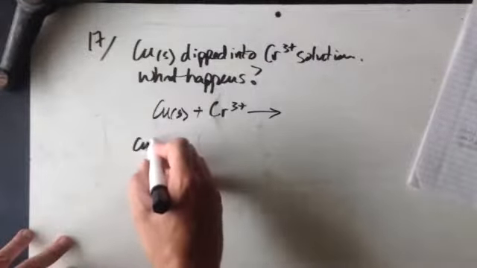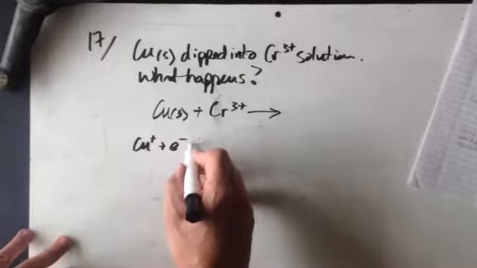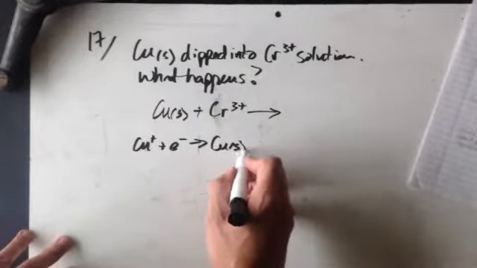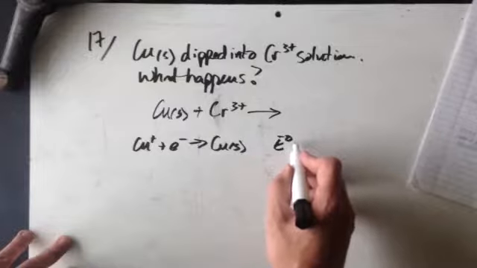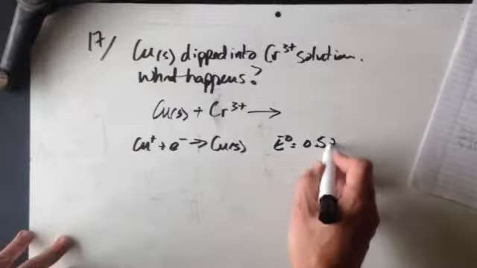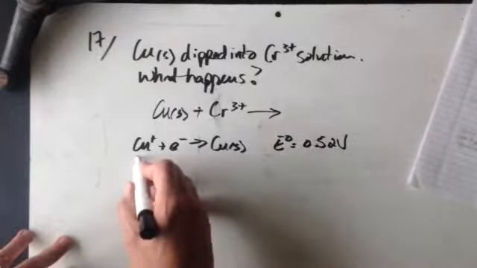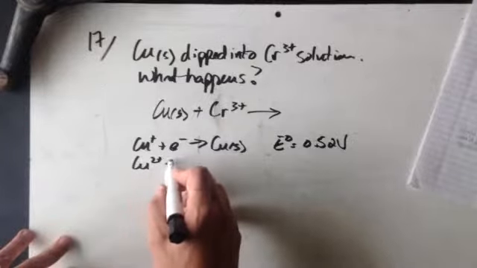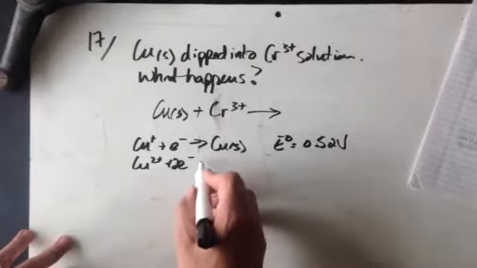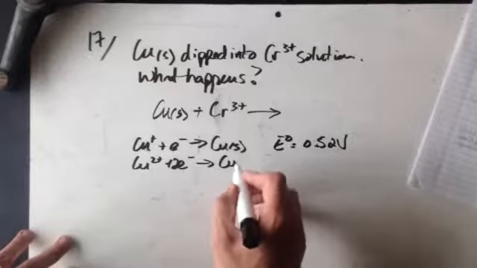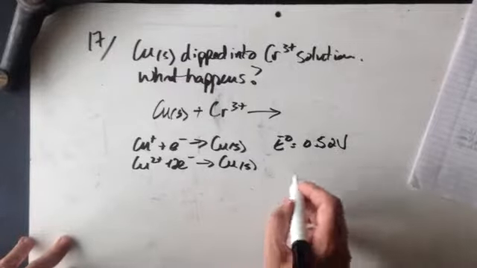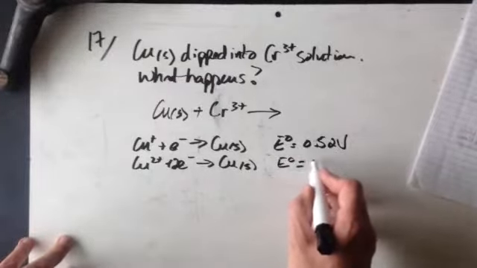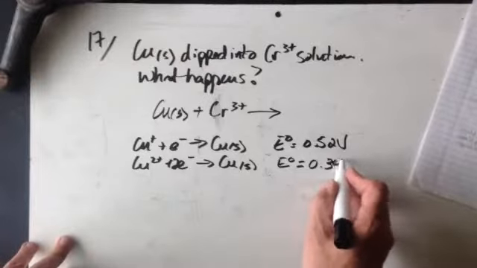So we've got Cu+ plus e- going to Cu solid, and that has an E naught value of 0.52 volts. And then we also have Cu2+ plus 2 electrons going to copper metal, and that has an E naught potential of 0.34 volts.